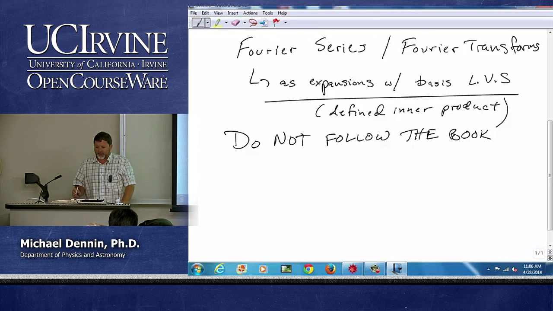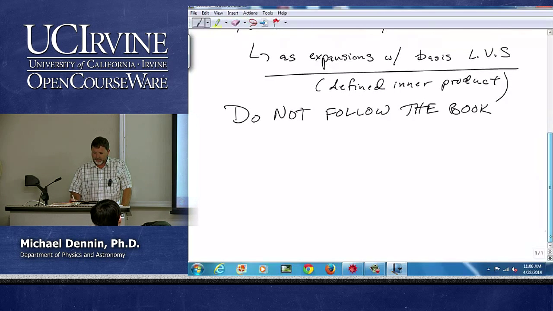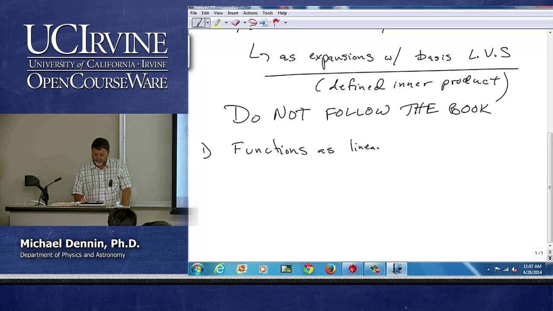What does that mean? We have to develop a few key ideas. And the biggest one is to get used to the idea of functions as a linear vector space with an inner product.